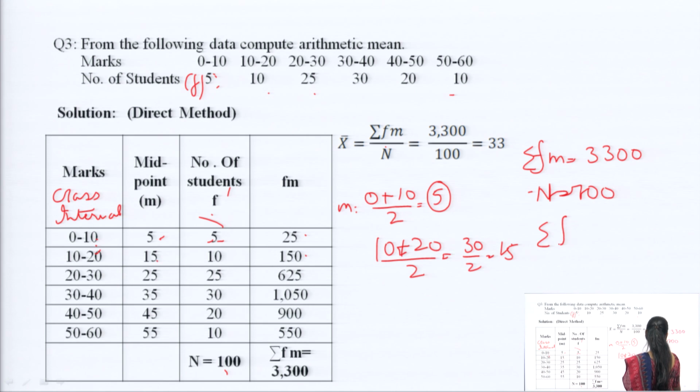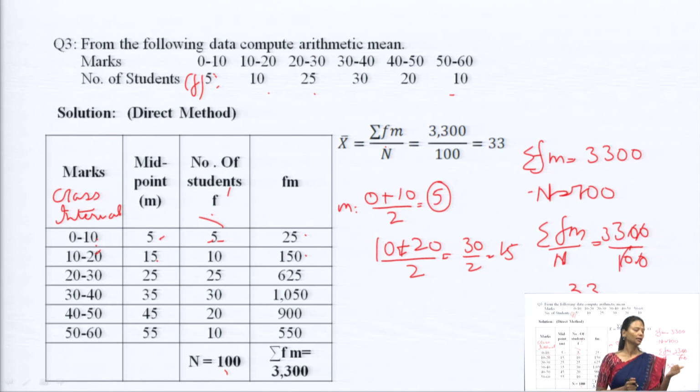If I divide summation fm by n, which is 3300 divided by 100, it becomes 33, because the two zeros are cancelled by the 100 in the denominator. My answer for this question becomes 33. Compute the arithmetic mean. The arithmetic mean for this class becomes 33. That means all the students in the class obtained 33 marks on an average.